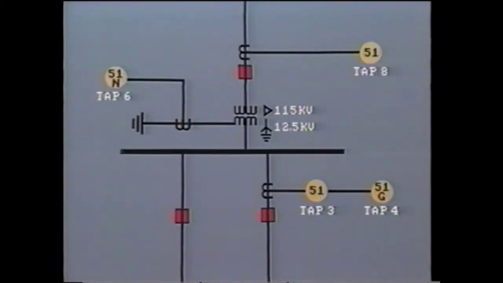Another arrangement here shows a circuit breaker on the primary with the secondary connected directly to a bus. Each feeder has its own circuit breaker and individual protection. The primary circuit breaker will trip for a fault in the transformer zone, or fault on the bus, or a fault on any feeder, which fails to be cleared by its own primary protection.